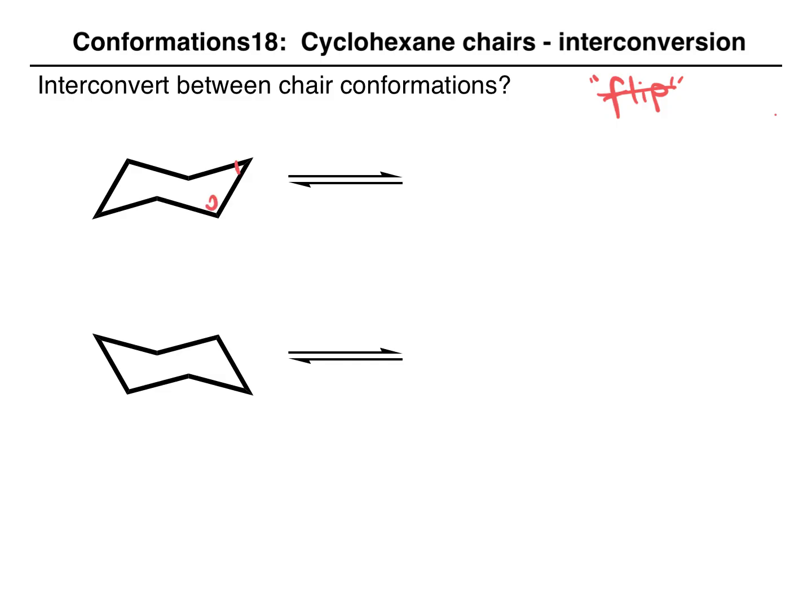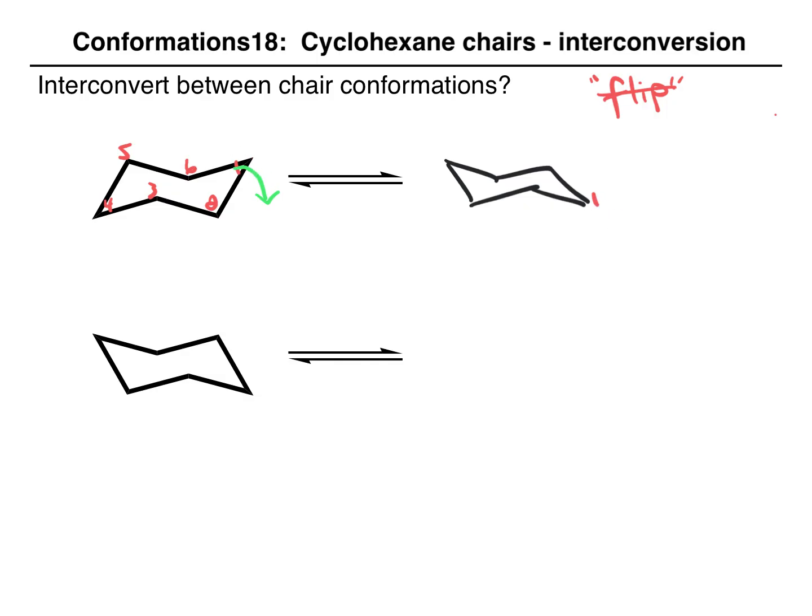carbon 1, 2, 3, 4, 5, and 6. And then when we draw our other chair, they are going to be in the same relative position. So we are imagining that this folds down. Therefore, this is carbon 1. What used to be the headrest is now the footrest.